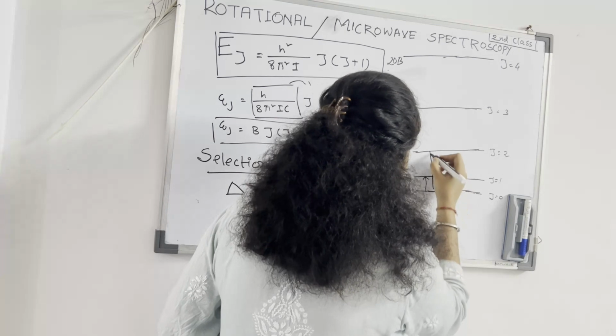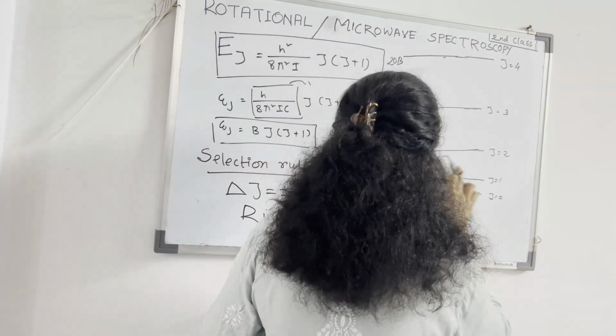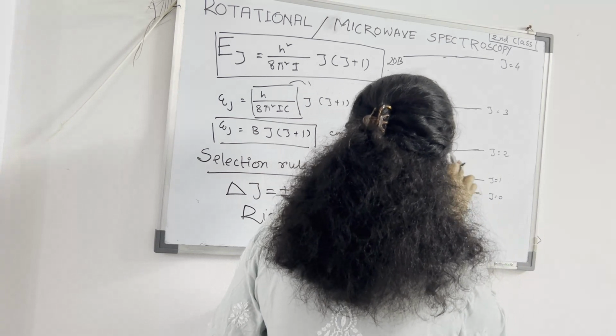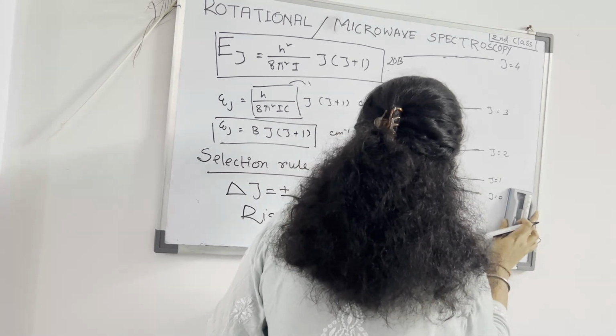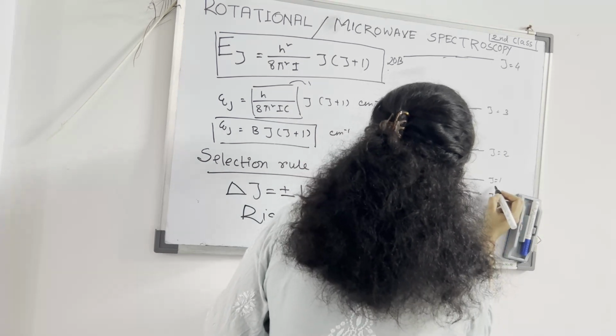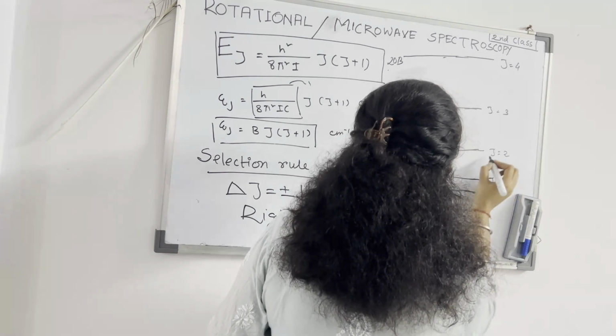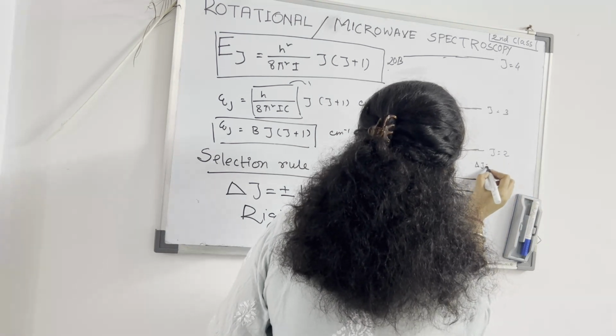But this transition is forbidden. But the transition from here to here can take place, because for this transition del J is equal to 1, and for the transition J is equal to 1 to 2, also del J is equal to 1.